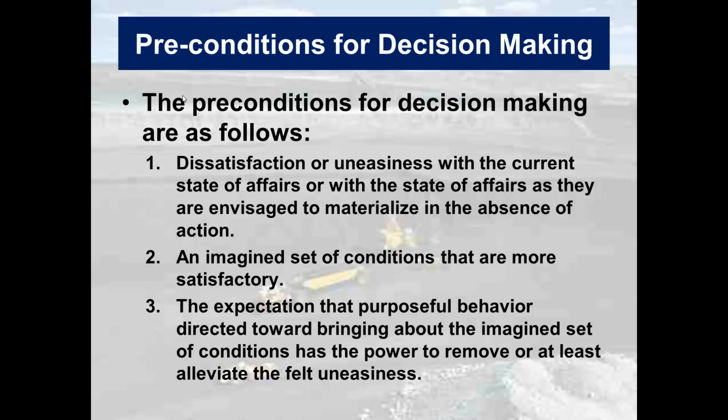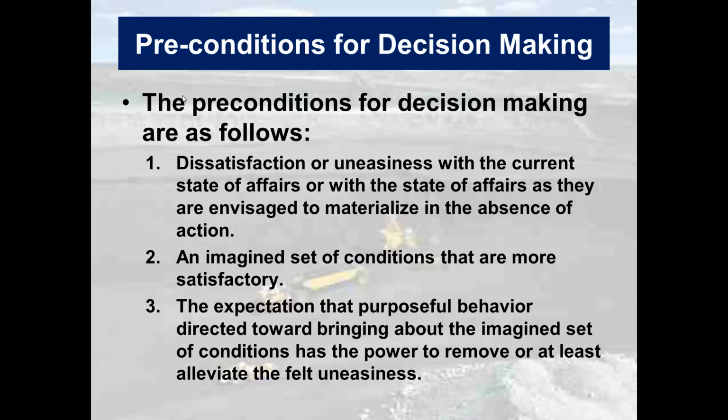The preconditions for decision making are as follows. First, dissatisfaction or uneasiness with the current state of affairs or with the state of affairs as they are envisaged to materialize in the absence of action. Number 2, an imagined set of conditions that are more satisfactory. And number 3, the expectation that purposeful behavior directed toward bringing about the imagined set of conditions has the power to remove or at least alleviate the felt uneasiness.